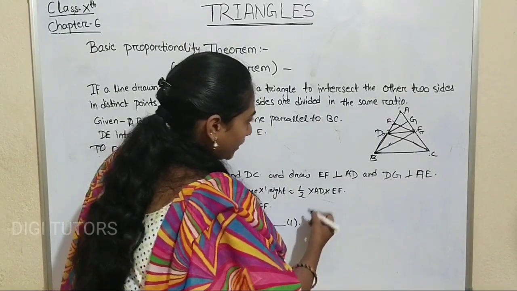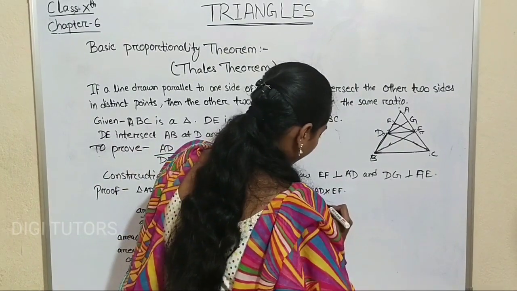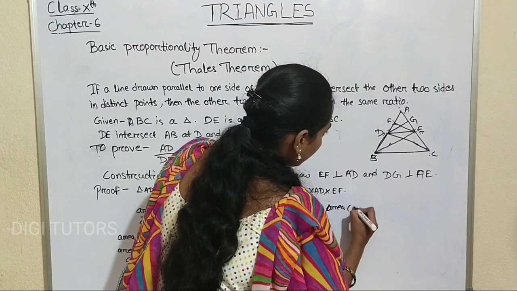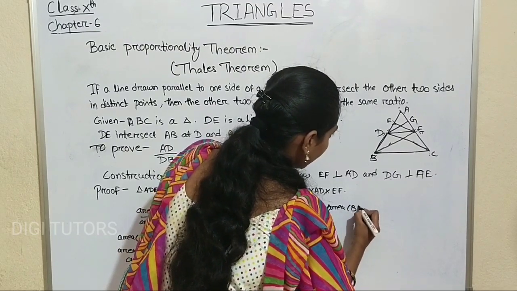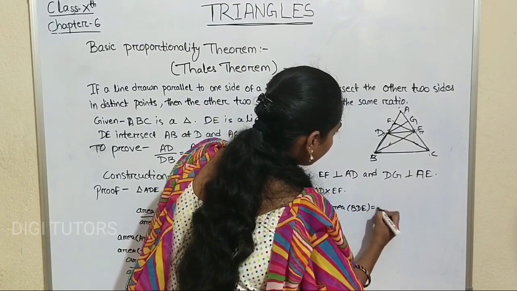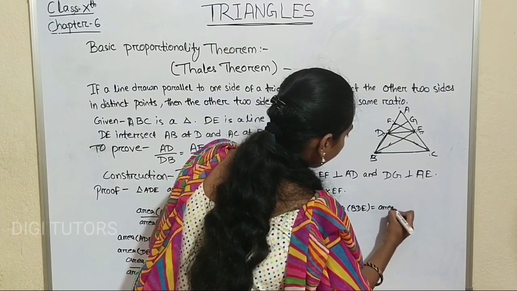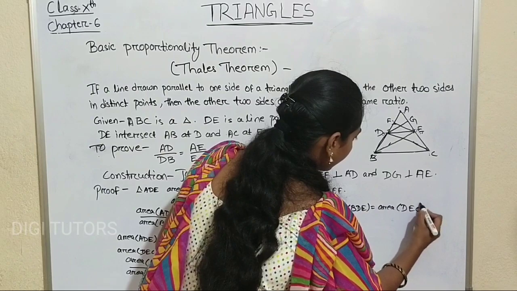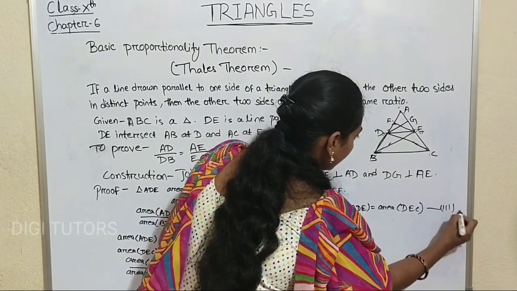So from that we can conclude that area of BDE is equal to area of DEC. Let it be our equation 3.